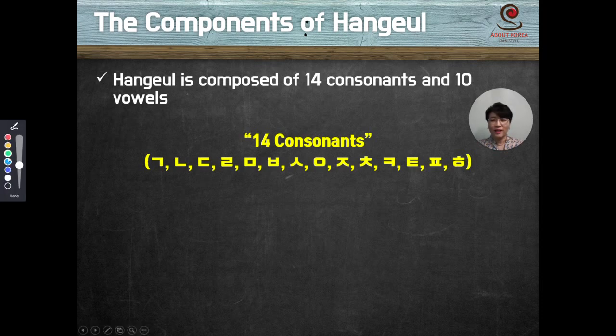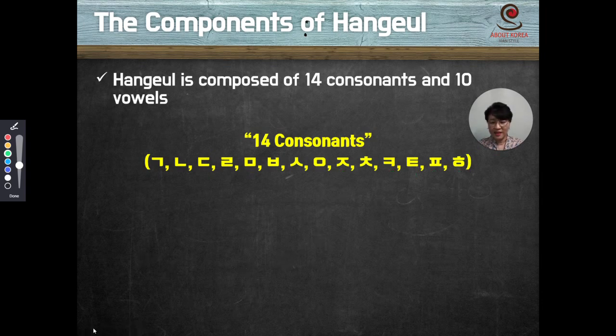All right. The first is 기역, 니은, 디귿, 리을, 미음, 비읍, 시옷, 이응, 지읒, 치읓, 키읔, 티읕, 피읍, 히읗. Okay, those are the 14 consonants.